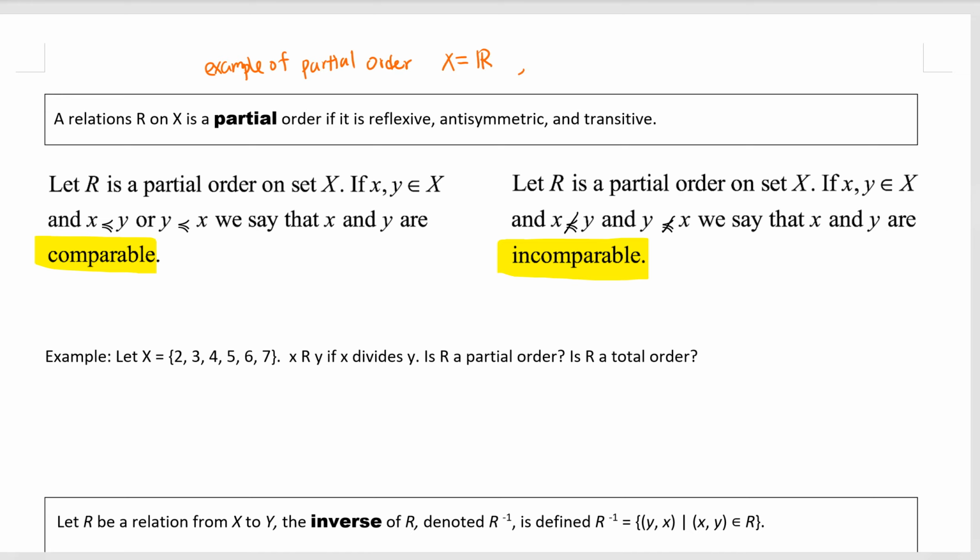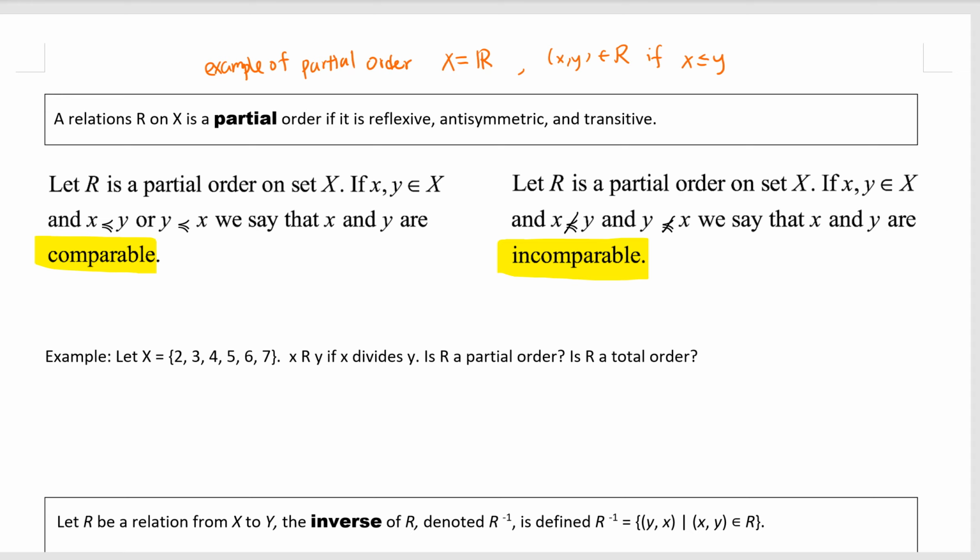For real numbers, we have two vertical lines to denote it. And let R be the relation such that (x, y) is in R if x is less than or equal to y. So this is an example of a partial order.